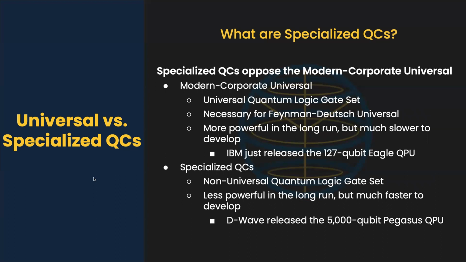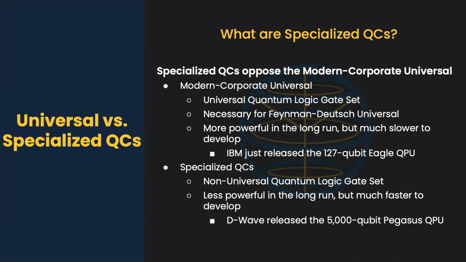Okay, and then specialized QCs. Specialized quantum computers are kind of the opposite of the modern corporate. The modern corporate are talking about having universal quantum logic gate sets. You need the modern corporate to get to the Feynman-Deutsch at the end of the day, but the modern corporate isn't everything that you need. The modern corporate universals are more powerful in the long run, but they're much slower to develop.